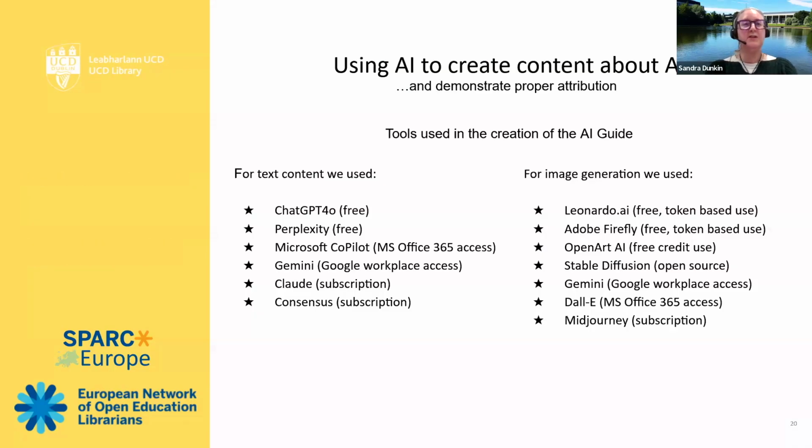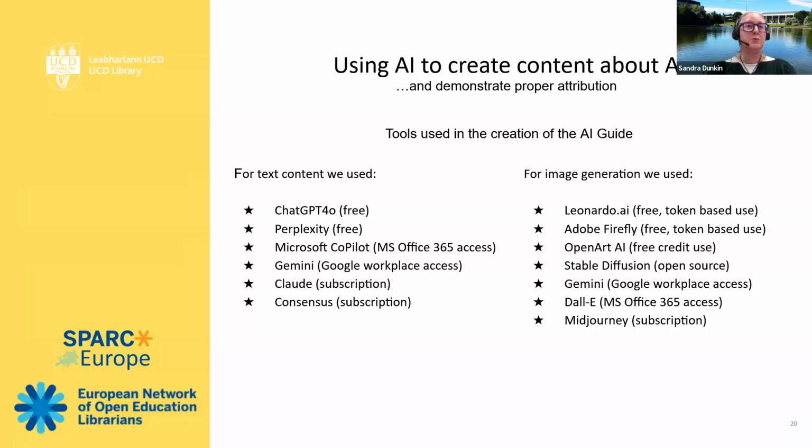We wanted to use a range of different tools that represented the broad spectrum of what we were seeing across campus, so student and faculty use. All of these tools have been at least interacted with in the development of the guide, some with more success than others.